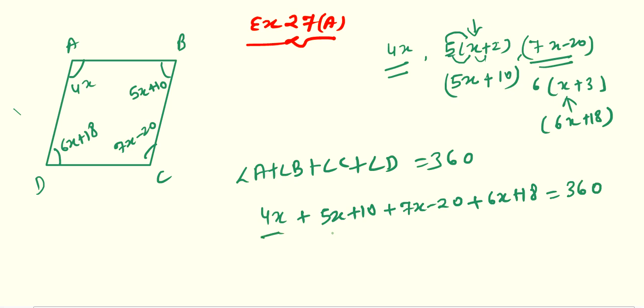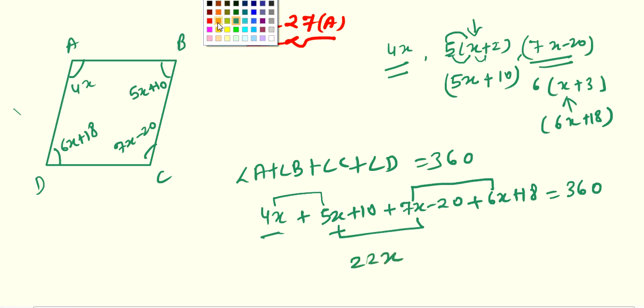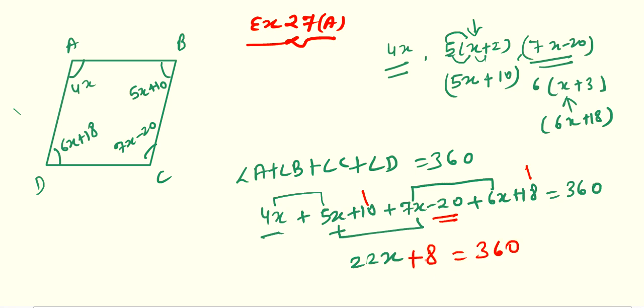Now add the x terms together: 4 plus 5 is 9, 9 plus 7 is 16, 16 plus 6 is 22, so 22x. Then add 10 and 18, 28, 28 में 20 subtract करना है, plus 8 equals 360. Now transpose this 8 to the right hand side.